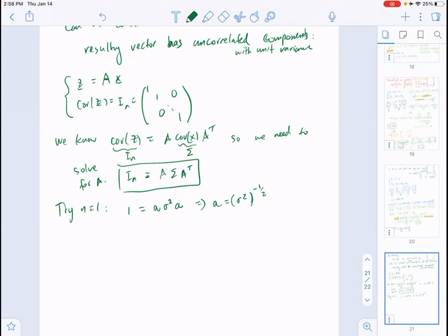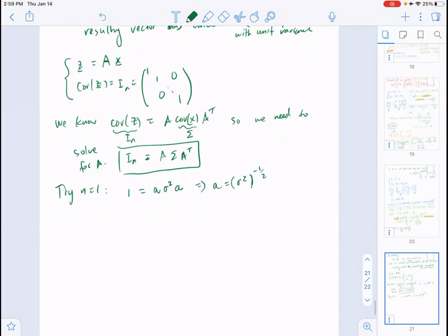It works, it's like 1 over sigma, as you pointed out. Just sigma in this case is sigma squared. So this is our sigma.